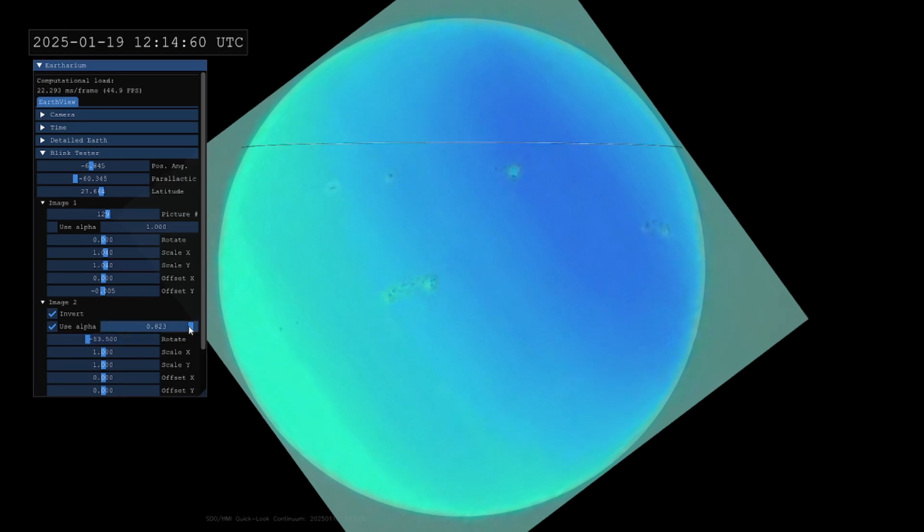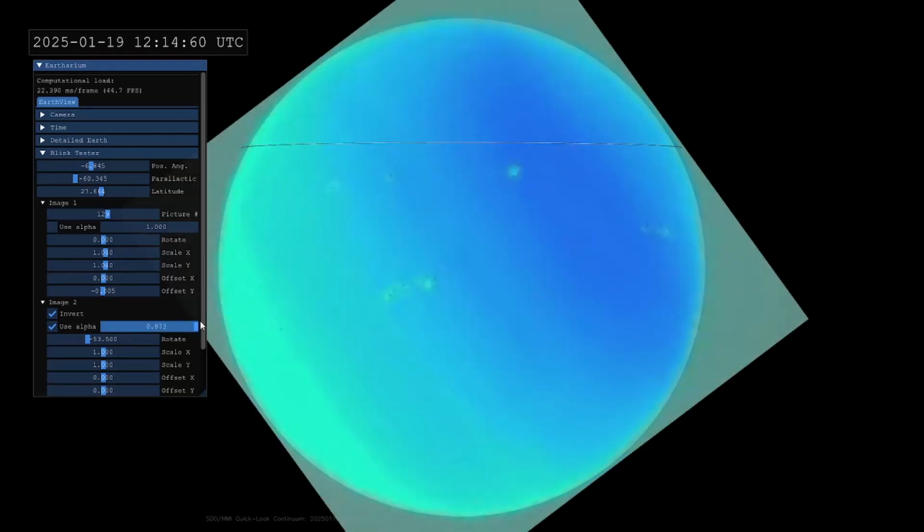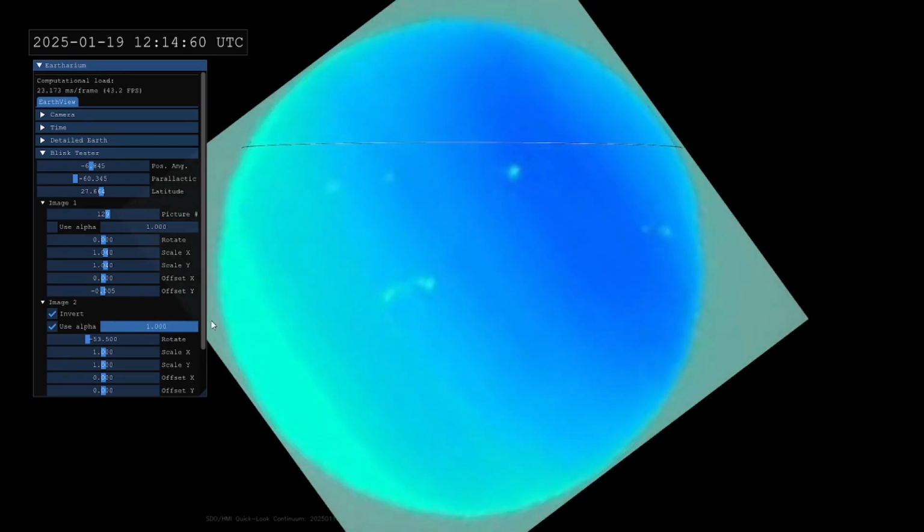Here we go, and then scrub the alpha blending here a little bit, so you can try to perhaps convince yourself that I have not aligned it super poorly.